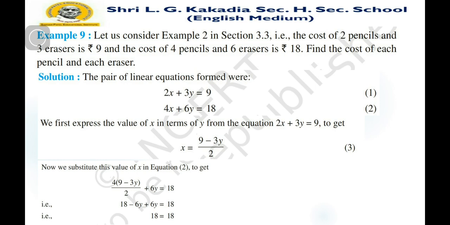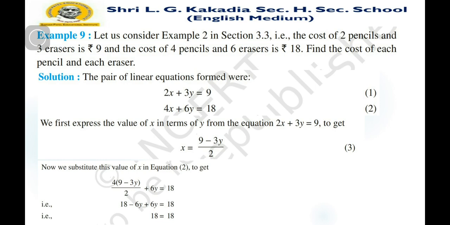We want to find y is equal to something, but here the variable has vanished, and the answer is 18 is equal to 18. It is right, as we know, but we could not find the value of y.